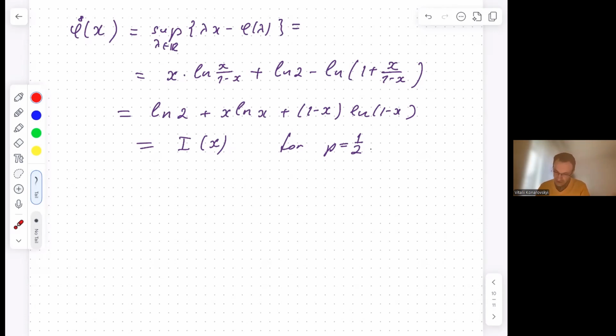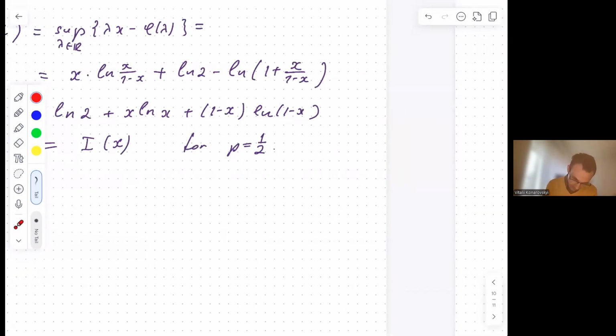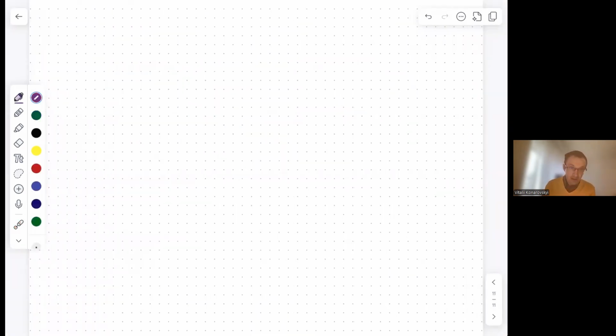Before we formulate the result, let us write here a list of some properties of the Fenchel-Legendre transform of the cumulant generating function, which will later be useful for us. An exercise, which I also leave for you.